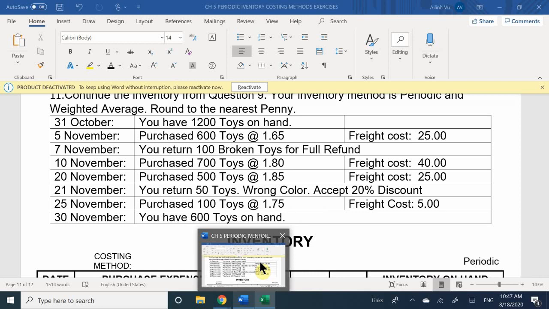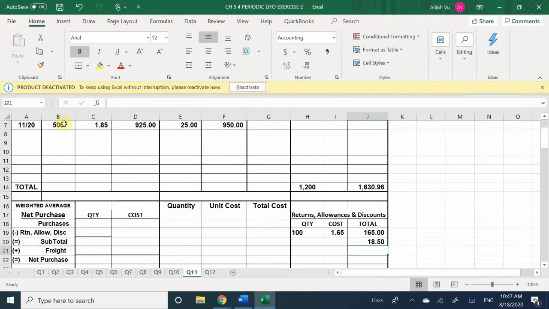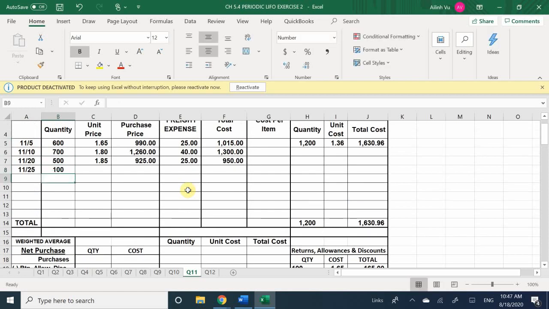And then what happened on the 25th of November? Purchased 100 toys at $1.75. So November 25th, we purchased 100 toys at $1.75. $175.